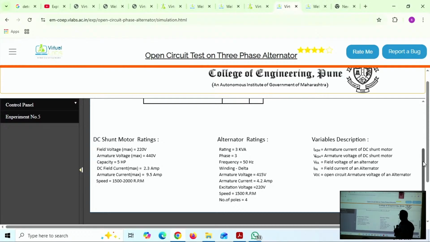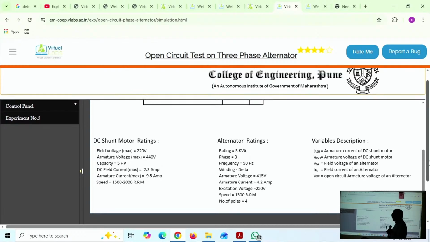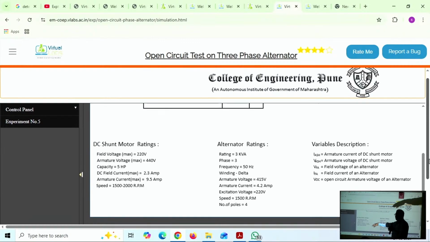Sir has raised one more interesting point. 5 HP motor output, ideally how much should be the alternator input? Ideally, the 5 HP motor output is coupled to the alternator input. That means motor output should be equal to alternator input.